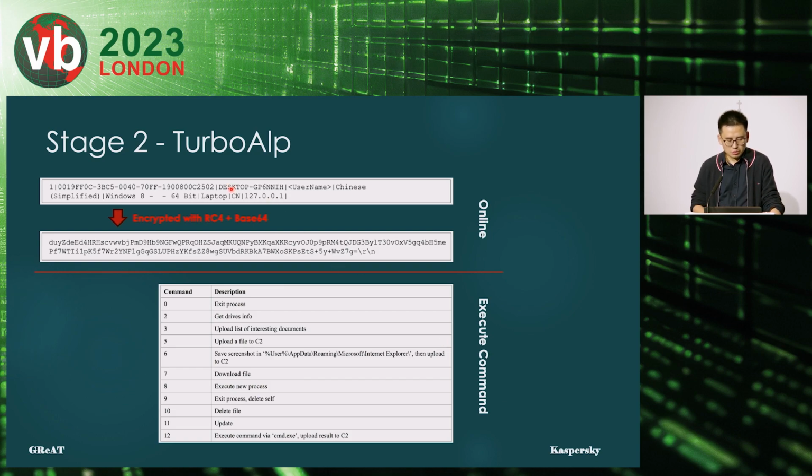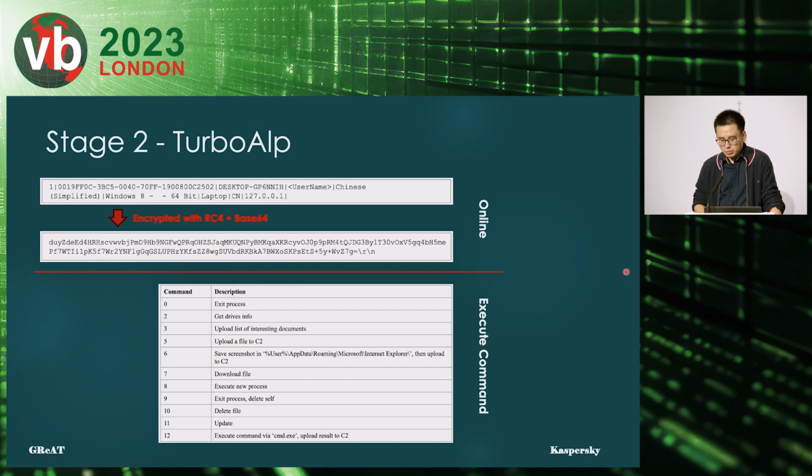It includes the UUID, the computer name and username, operating system language, operating system version, IP address, and something like that. And the encrypted online data is here.